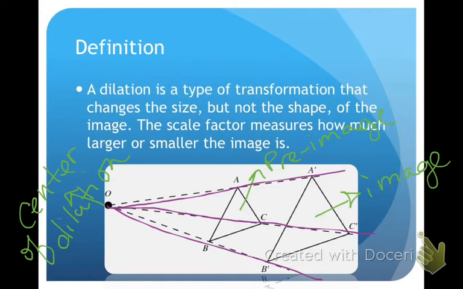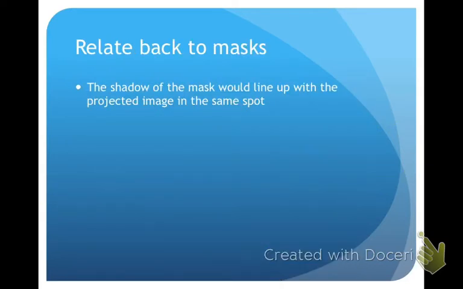Because every point in your mask or your image had a corresponding point that was in a line with the projector, or original, and projected image. They all lined up. So, like I just said, the shadow of the mask would line up with the projected image in the same spot.